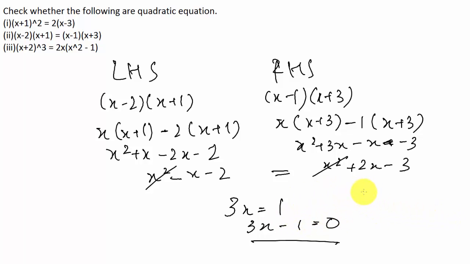Our conditions are a, b and c must be real numbers. Okay, they are real numbers. Let's say it's 0x square plus 3x minus 1. Now a, b and c are real numbers, tick. Now we need a not equal to 0. A is equal to 0. So that means this is not a quadratic equation.